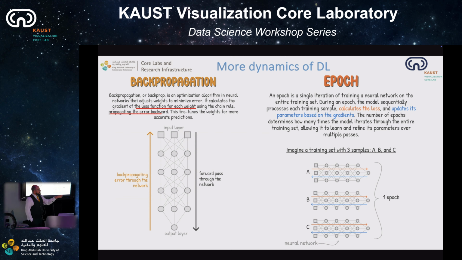So in this case, for example, if you have your training data set divided into A, B, C, you have to go through A, B, C, and back, and that's one epoch, because that's all your training data. Okay? Just to say, people in computer science like to do things in a way that is complicated for everybody else, because this could be called iteration. But no, they call it epoch because somebody was a fan of Star Wars or something like that. Right?